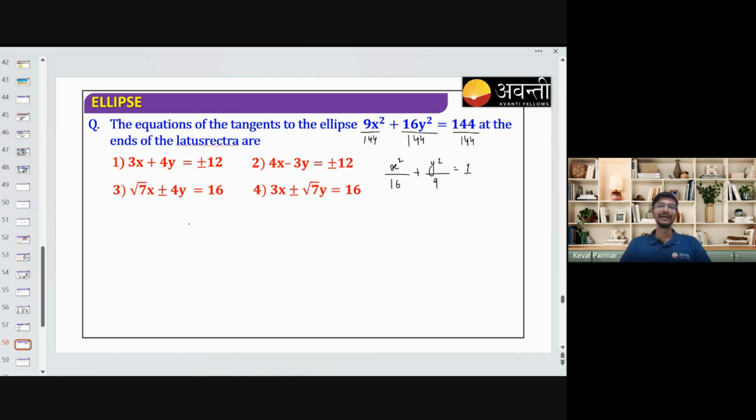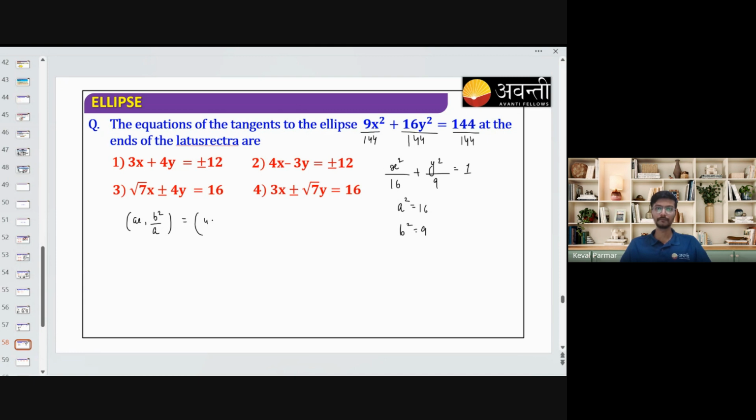Now, what are the ends of latus rectum? ae comma b square upon a. I'm just writing one of the ends. I hope you know the other ends we can very easily get by using the quadrant. If it was in the second quadrant, it will be minus ae, b square by a. Correct? So here a square is 16, b square is 9.